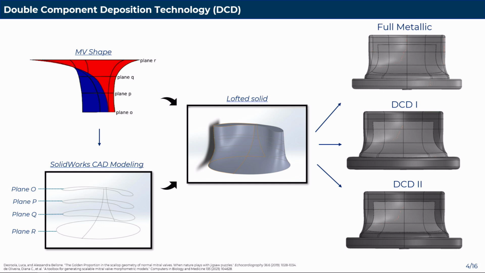We designed different double component deposition collectors, starting from the mitral valve shaping through the use of a golden ratio parameterization, passing through a CAD model that we used for the actual fabrication design of the different collectors.